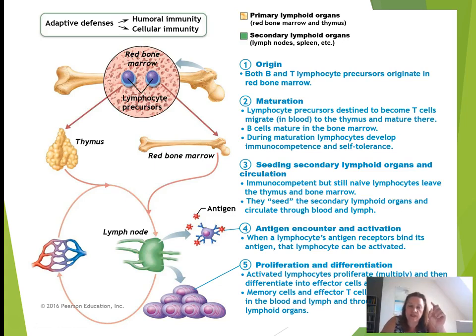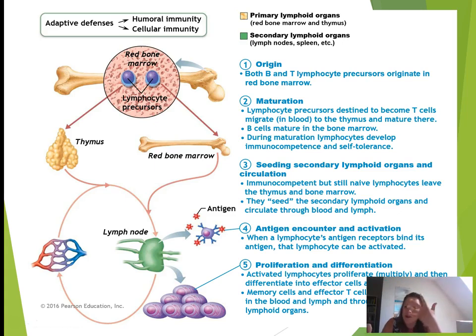Once that happens, you'll see the arrows leading from the thymus and the bone marrow down towards a lymphoid organ. In this case, it's going to be a lymph node. And what they do is they, quote, seed it, meaning they take up residence in that area. And when they seed the organs, that's when they are going to be able to be active and encounter an antigen, because most of our antigens are going to come through the lymph nodes or the spleen or any of those things.